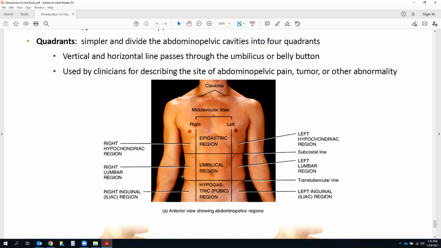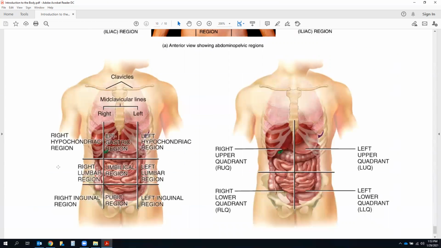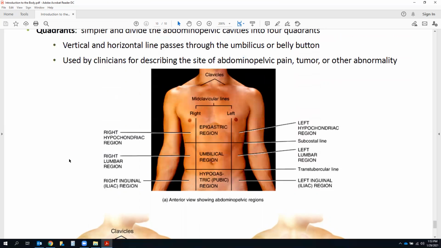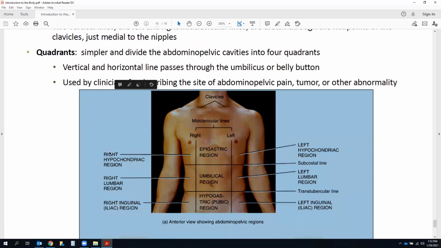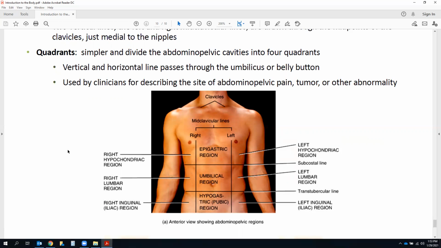Essentially what you get are 9 distinctive regions, shown here in a superficial manner, and then without the skin, so you can see where the organs are. We have this picture at the bottom. What is nice is you're really not having to learn 9 distinctive names. The right side of their abdomen shows the same names as the left side, and all you have to do is keep your left and right, their left and right, straight.